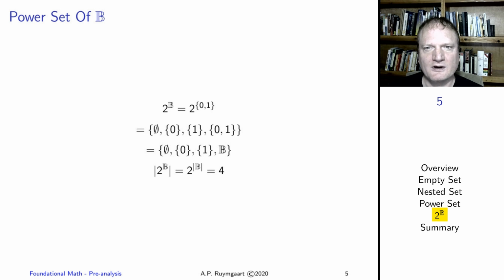And we know that our power set is a nested set that must include the empty set as well as the entire set, which is the Boolean domain itself. The only other 2 elements in there are going to be our individual elements wrapped in their own sets, for a total of 4 elements in the power set of the Boolean domain.